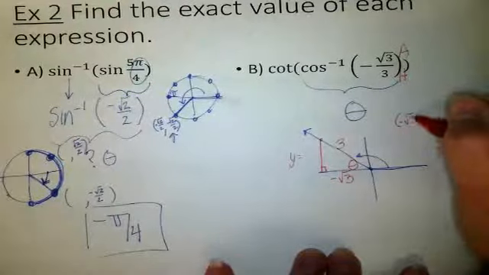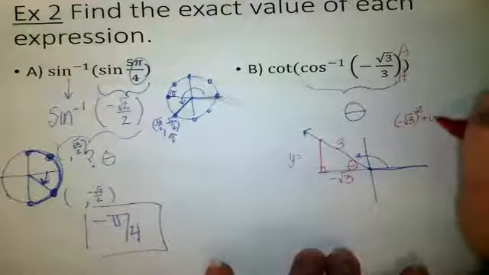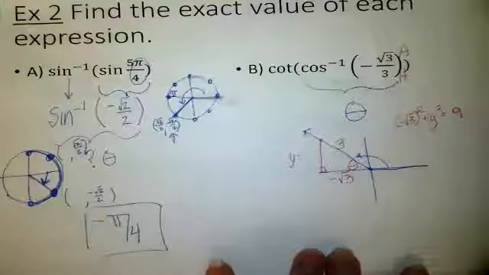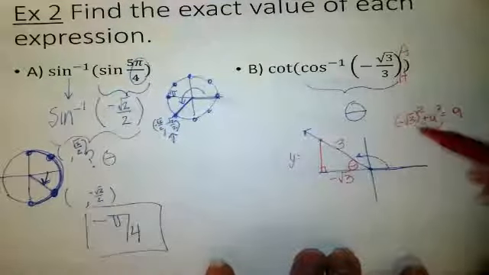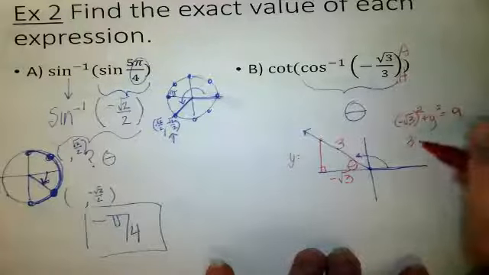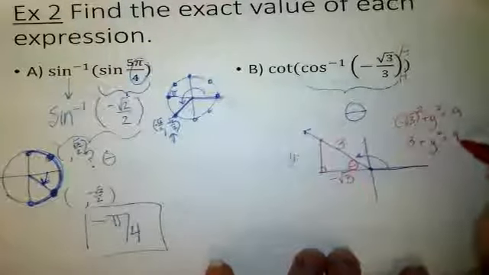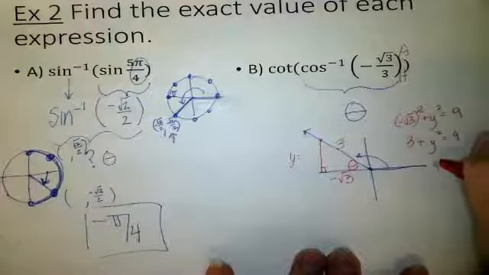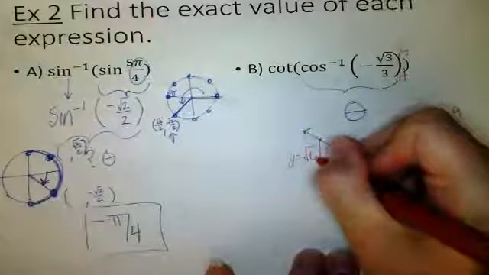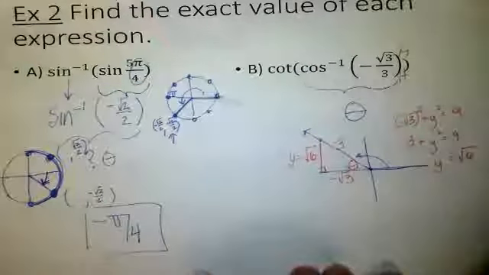So negative radical 3 quantity squared plus y squared equals 3 squared, which is 9. What is radical 3 squared? Just okay, good. Just checking. So y equals radical 6. Good. Radical 6. Very, very good.